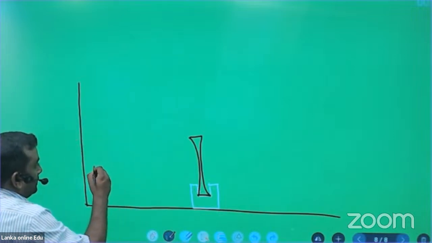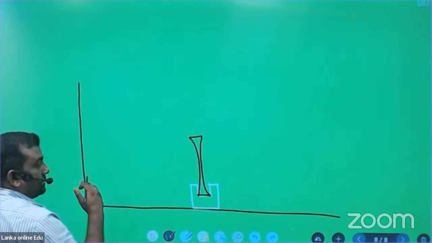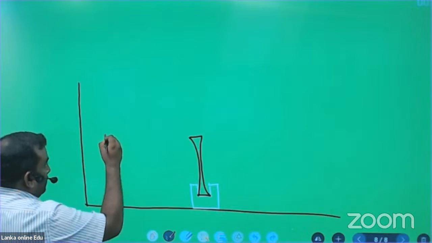What we do is, we use a tall optical pin.